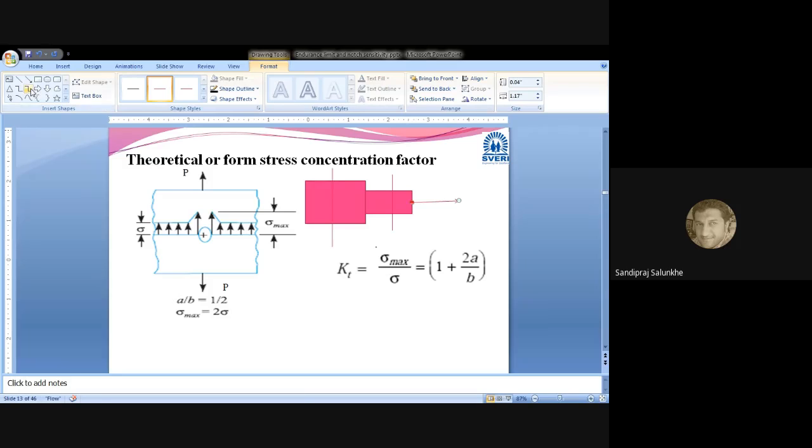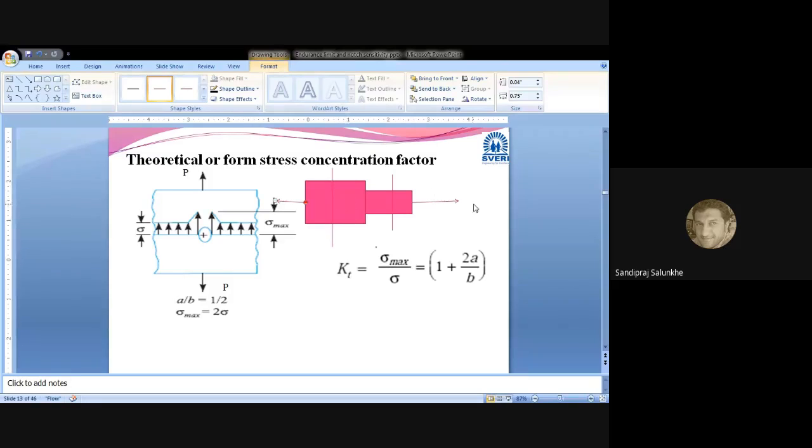If the load is applied here and here, and I ask to calculate the stress, knowing the area and the value of the load applied, you easily calculate that stress is equal to the force applied divided by this cross-sectional area. That will be the stress generated here, and here definitely it will be less because the area is high.